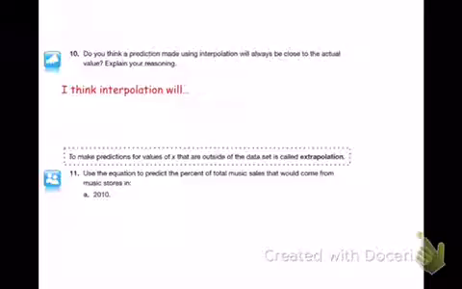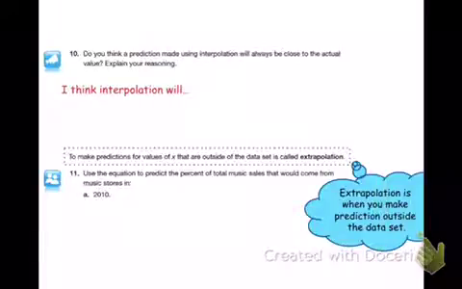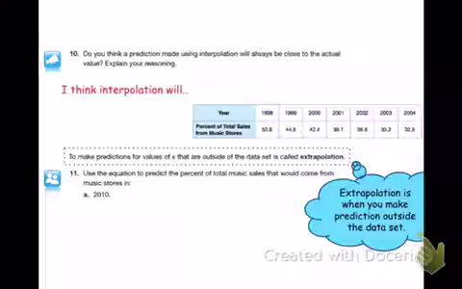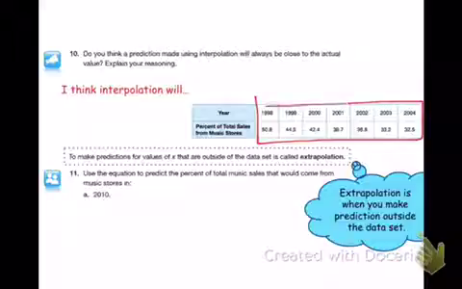All right, now you're done with number 10, flip to the next page, and we should be working on number 11 now. So let's look at, what about making predictions when it's not in the data set? And we call this extrapolation. So the definition's in that dotted line box. To make predictions for values of x that are outside of the data set, it is called extrapolation. So again, when your prediction is not in the data set, what that means is, for example, in this table, we're going from 1998 all the way to 2004.